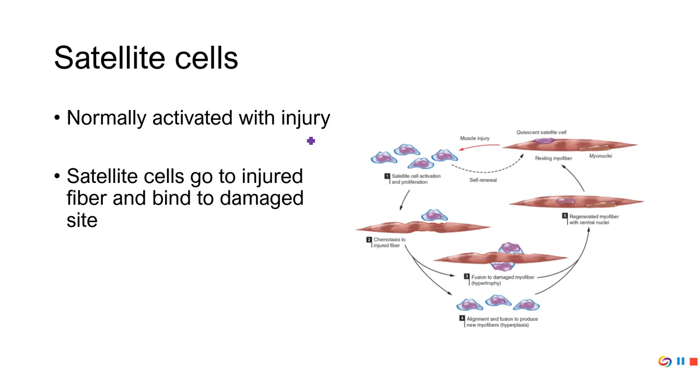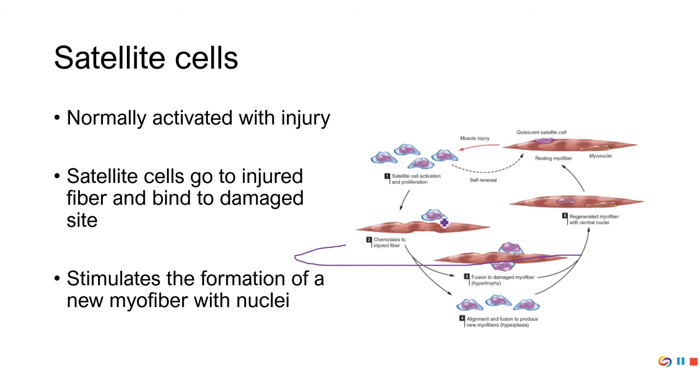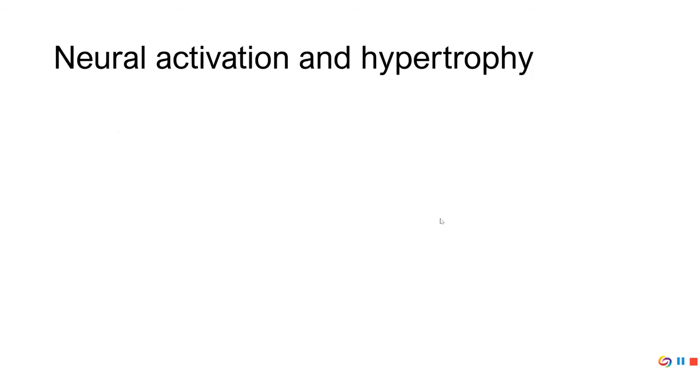There's an injury, and so they go to the injured spot, they fuse to that fiber, and it ultimately helps stimulate the repair of that muscle fiber, and they're also helping with getting more nuclei there. Remember, skeletal muscles have more than one nucleus. They're multinucleated.